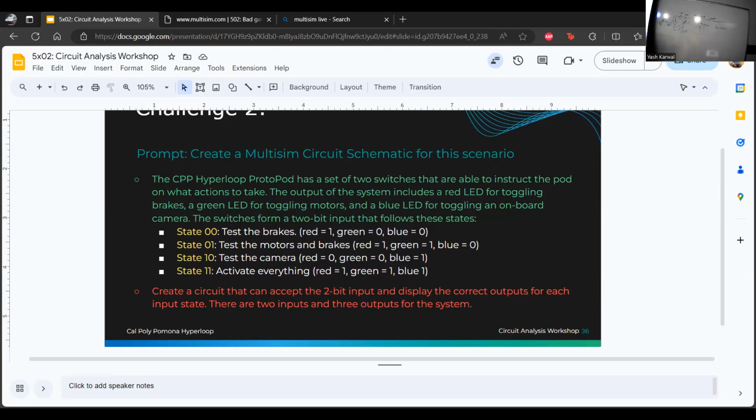So you have 4 states, right? Because you have 2 inputs. And you guys know why that is? Because 2 to the 2 is 4, right? So you have 4 different ways to put 2 numbers together. And then we have red is 1, green is 0, blue is 0, you choose which state it is. All right, so how do we start this?